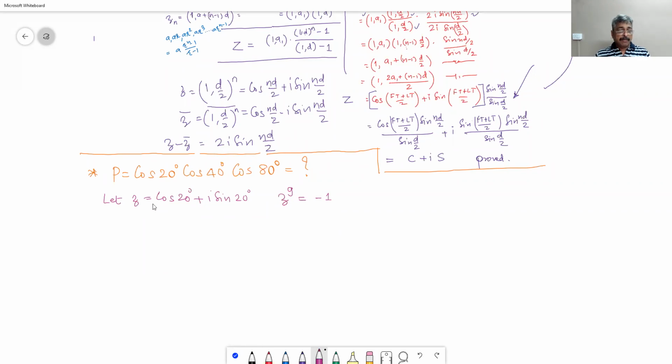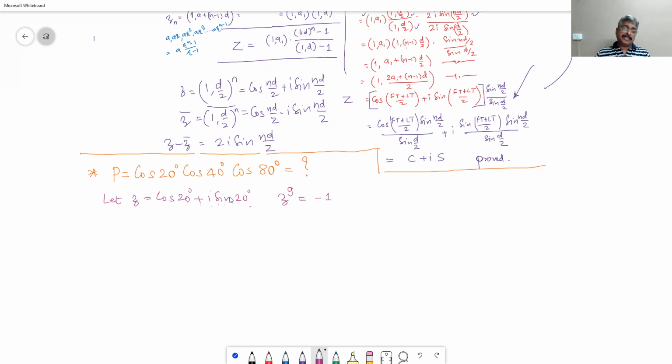So maybe we can say this is the first complex 9th root of -1. Okay, that is how it will look like. So if we take the 9th power of Z, we get cos 180 plus I sin 180.